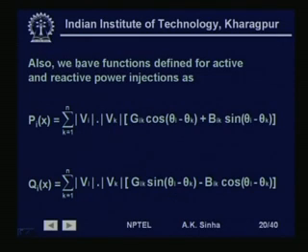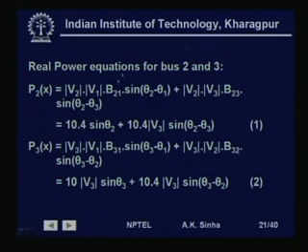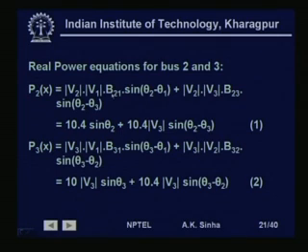So, as we had written earlier, we are again writing the real and reactive power injection equations here. Now, substituting, the real power equations for bus 2 and 3 can be written in this form, because here we have seen that the real part of the Y bus is 0. So, g's are not there, only b is present.